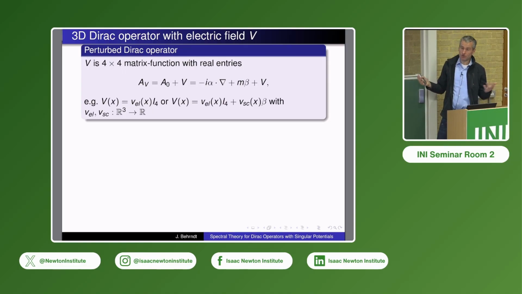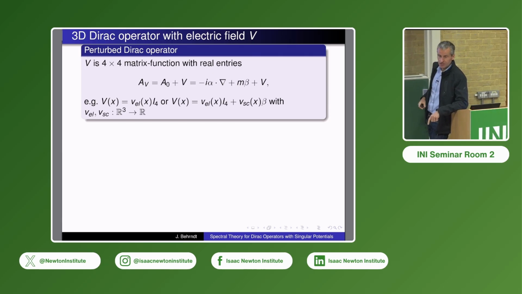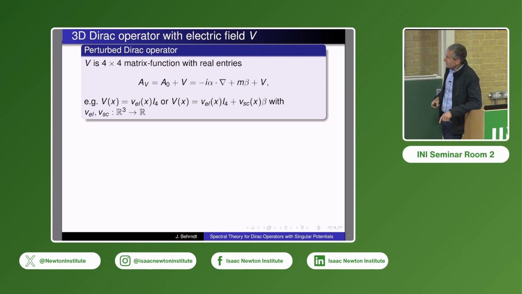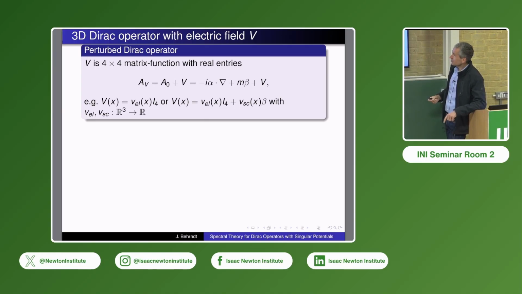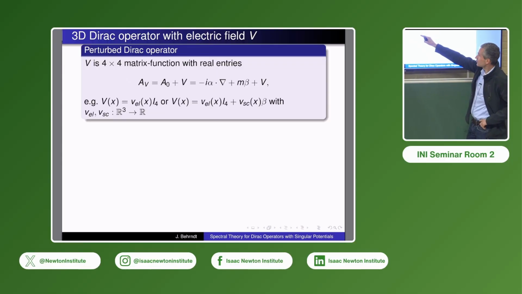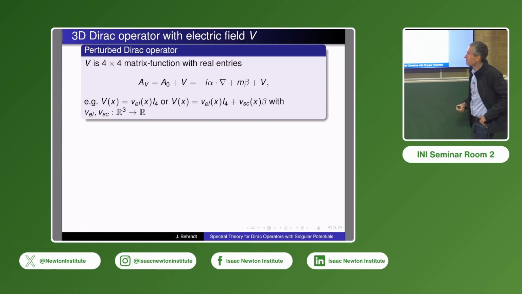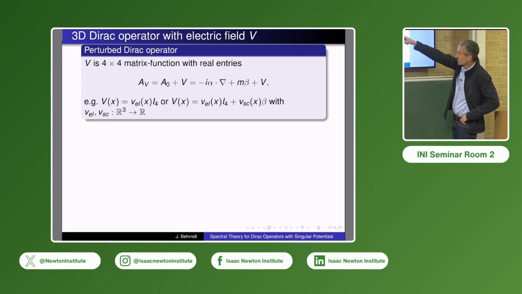This matrix could be non-symmetric if you wish, but of course, typically, people are interested in the case of symmetric or self-adjoint perturbations. Actually, most of the results concern perturbations which have diagonal form. The physically most relevant case is that there is a kind of electric potential which is just diagonal, sitting on each entry the same function V_el, which is a real-valued function in 3 variables.